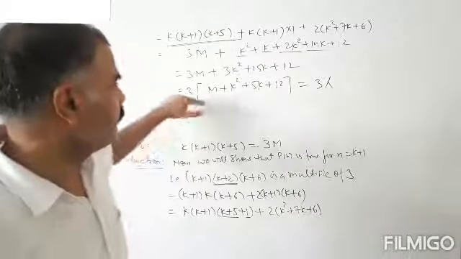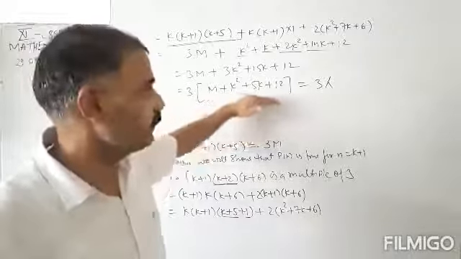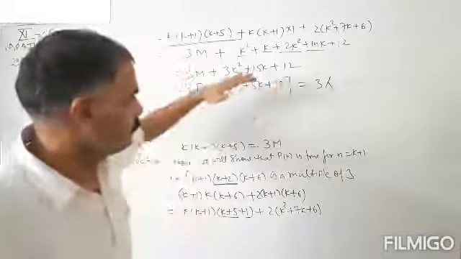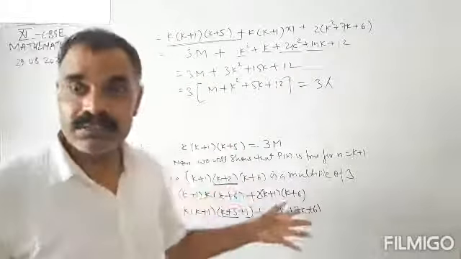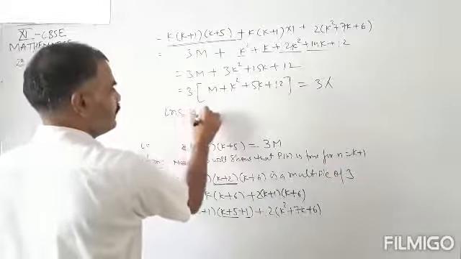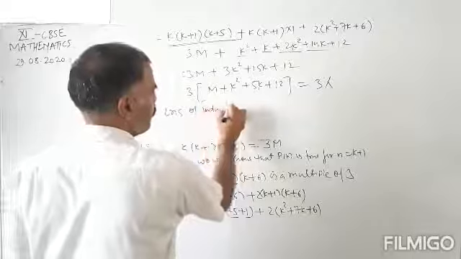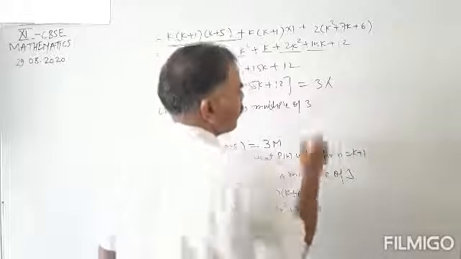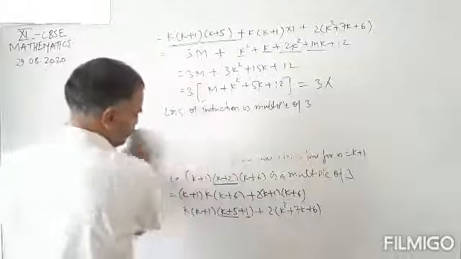Totally this is a multiple of 3 because 3 is multiplying with this, and it can be written as 3 into lambda. So this, the left hand side of the induction, is a multiple of 3, and that is what we wanted to show.